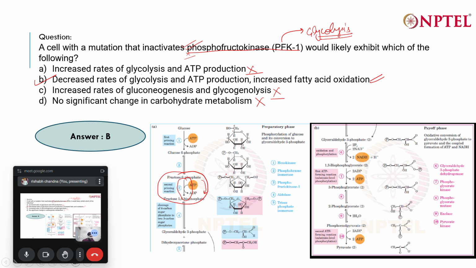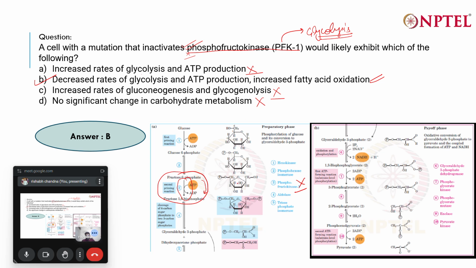So it's an important reaction of the glycolytic pathway. If this enzyme is not functional, the glycolytic pathway will be stopped. Okay, and there will be significant change in the carbohydrate metabolism.